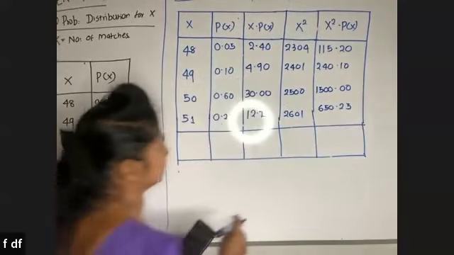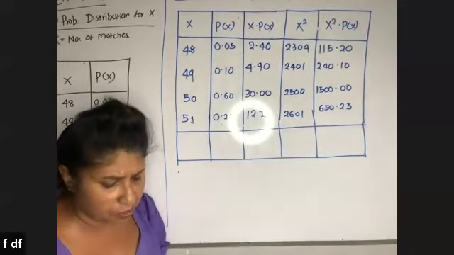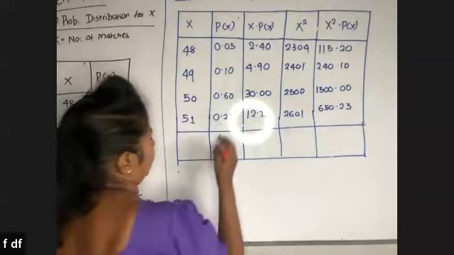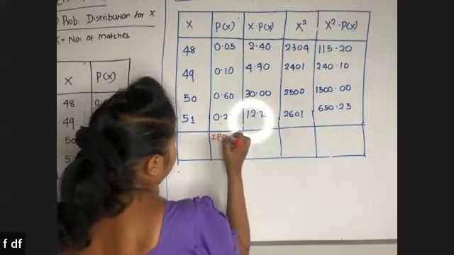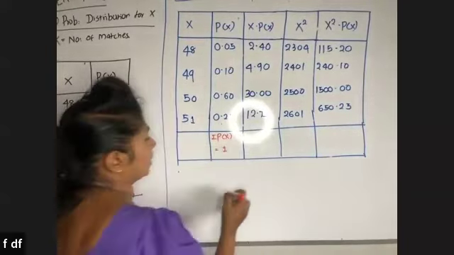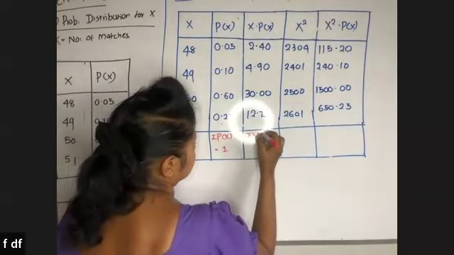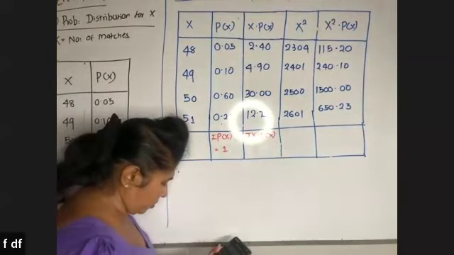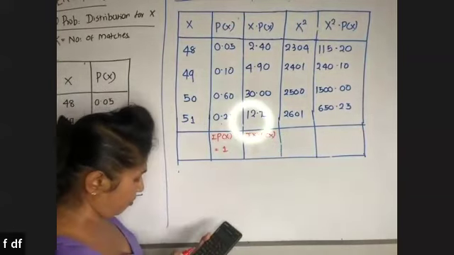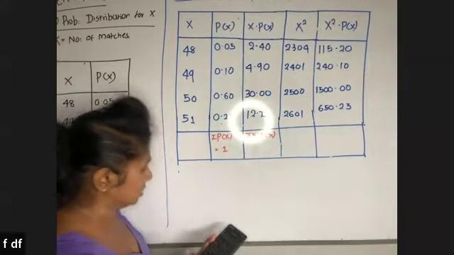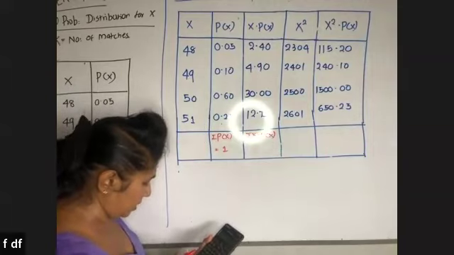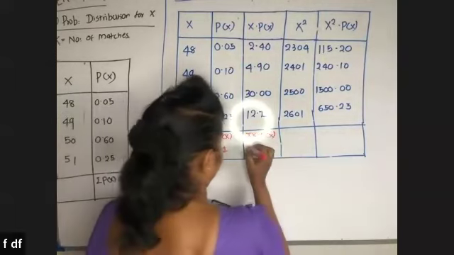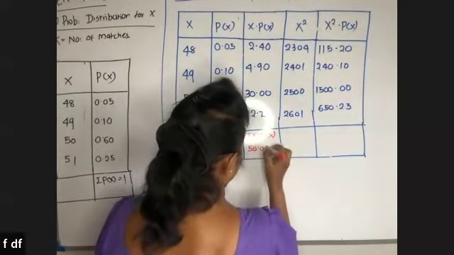Now take sigma P(x), sigma x into P(x) and sigma x square P(x). Sigma P(x) is equal to 1. So what is sigma x into P(x)? It is 2.4 plus 4.9 plus 30 plus 12.75, that is 50.05.